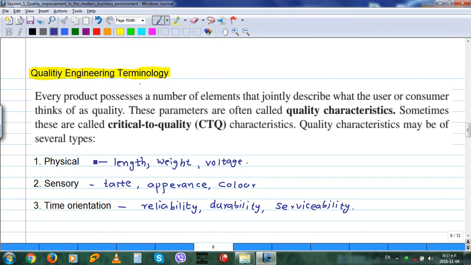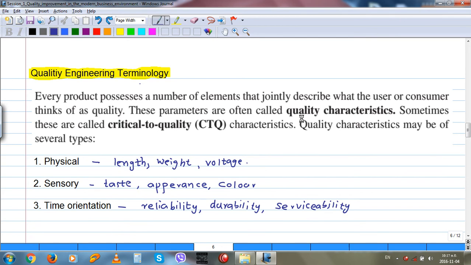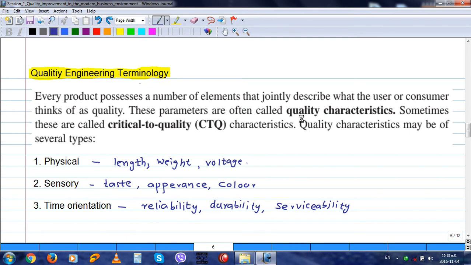If we look at these characteristics, you can see they are directly or indirectly linked to the quality dimensions, no? Reliability, durability, serviceability, those things we talked about in the section on quality dimensions.